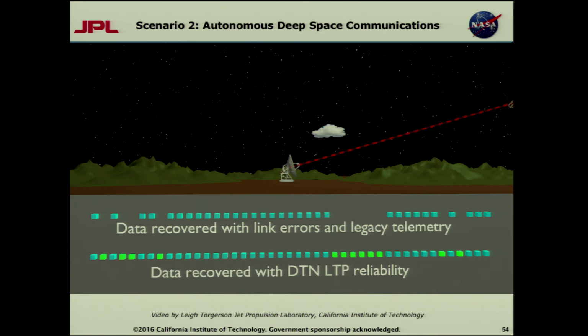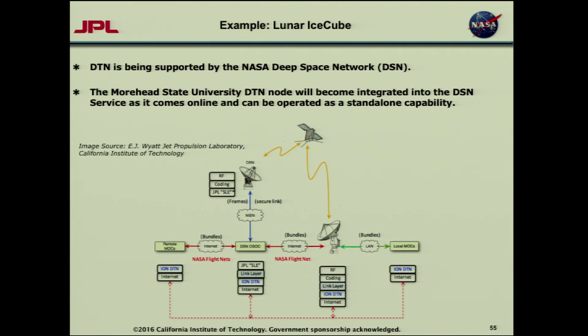So how do we do this in the CubeSats that are going into deep space, CubeSats like Lunar IceCube and others like it? What infrastructure do we have? The good news is that DTN is being supported by the NASA DSN. Morehead State University will become integrated into the DTN as a DSN station.